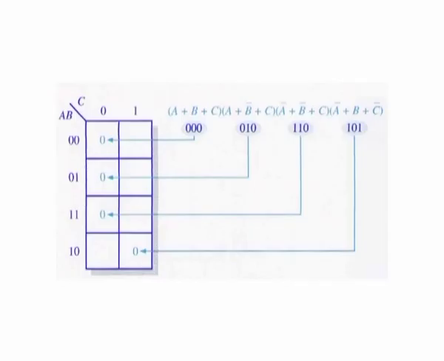For a POS expression in standard form, a 0 is placed on the Karnaugh map for each sum term in the expression. Each 0 is placed in a cell corresponding to the value of a sum term. For example, for the sum term A plus B bar plus C, a 0 goes in the 010 cell on a 3 variable map.